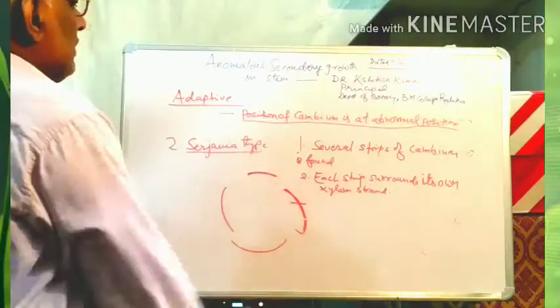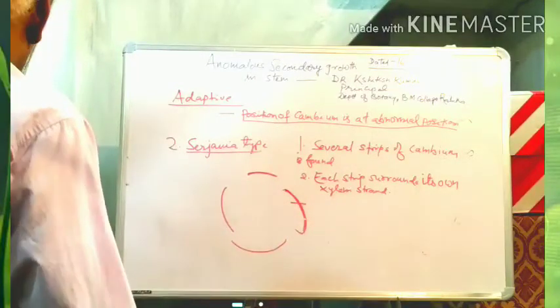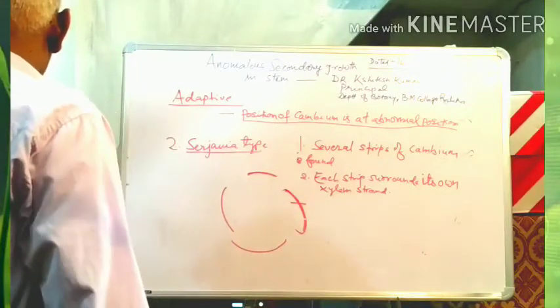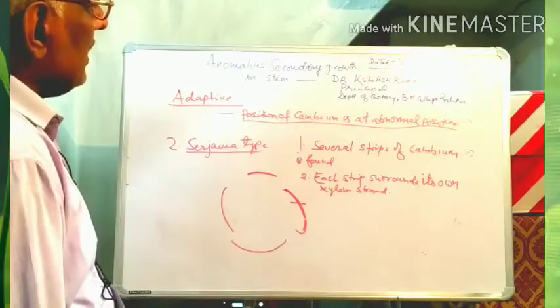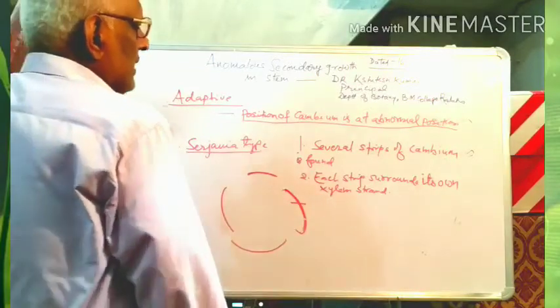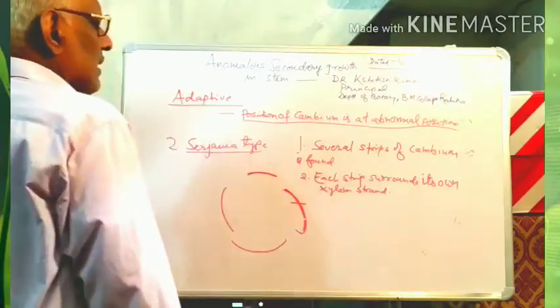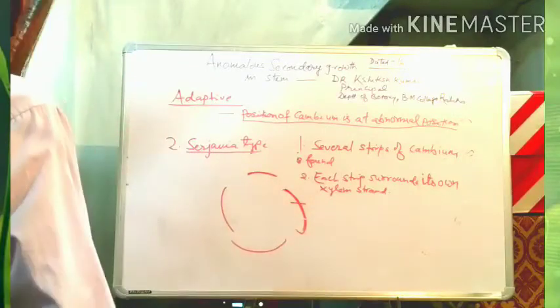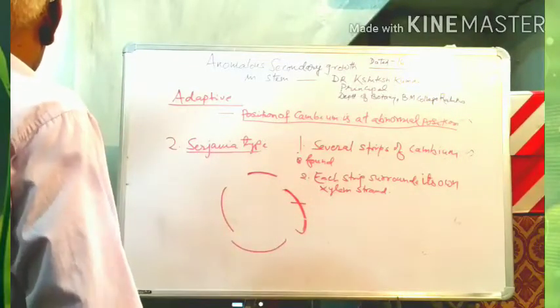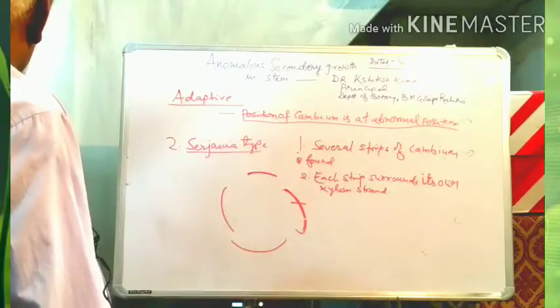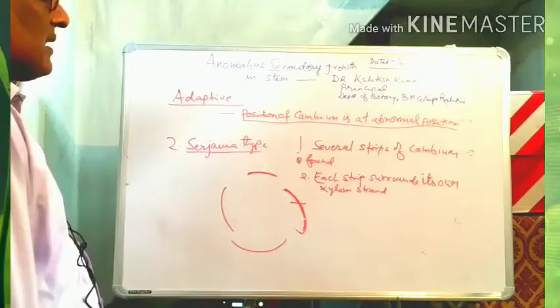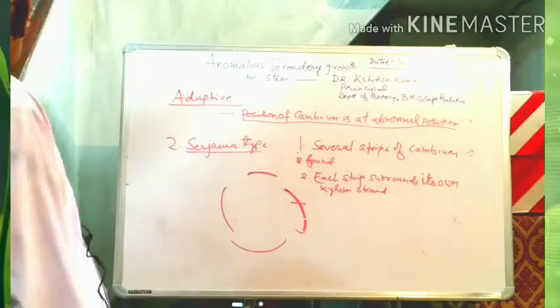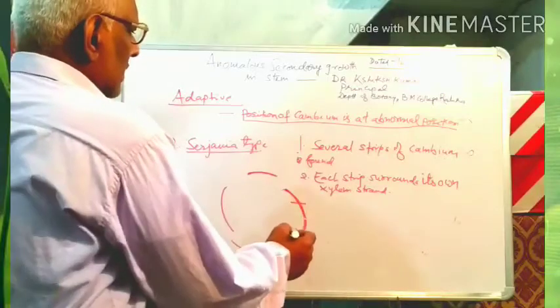As the secondary growth proceeds, each strand is surrounded by its own cambium. As the secondary growth proceeds, each strand is surrounded by its own cambial ring.